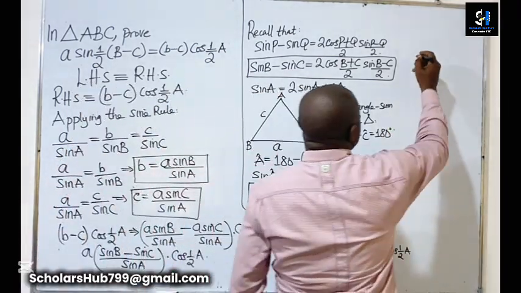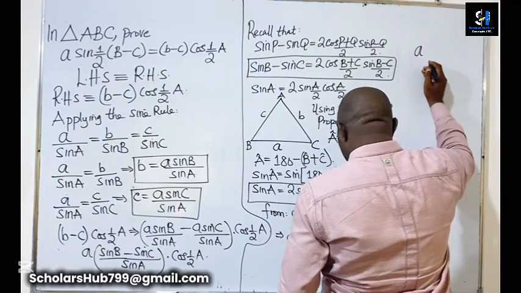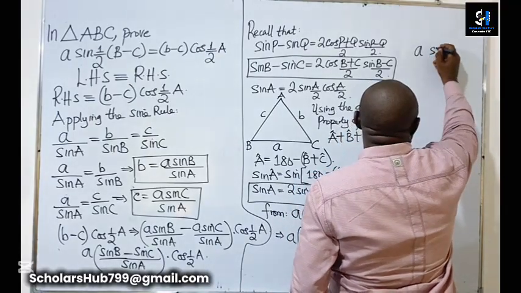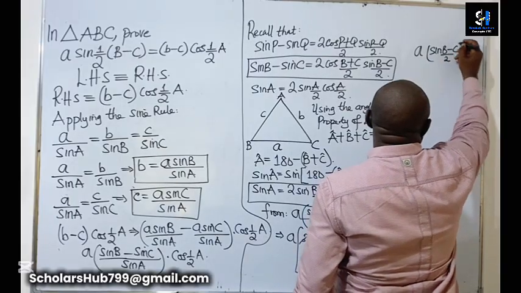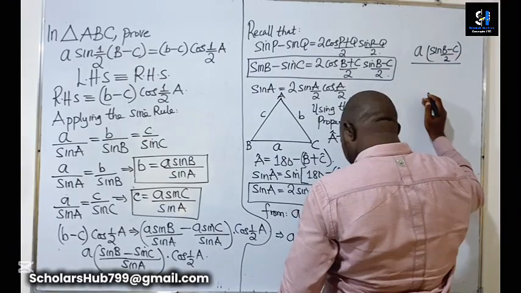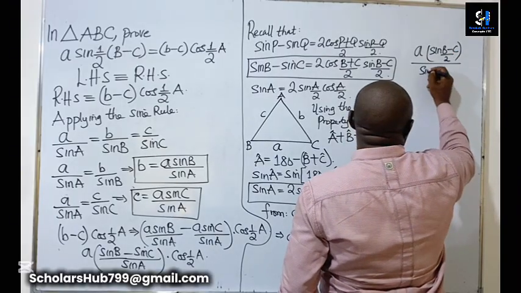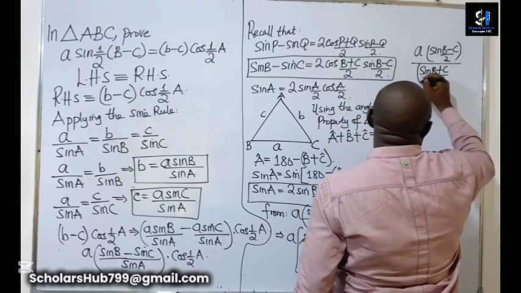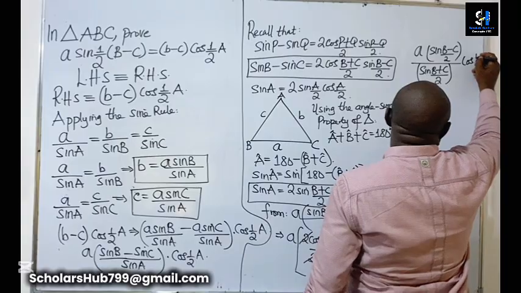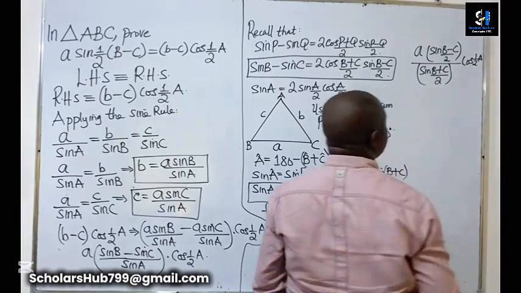So we'll be left with sine ((B minus C) over 2) over sine ((B plus C) over 2), multiplied by cos 1/2 of A.